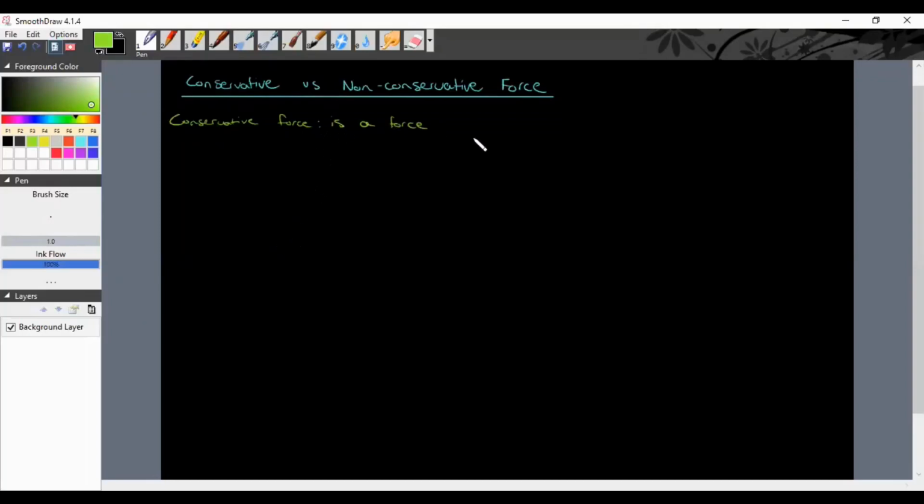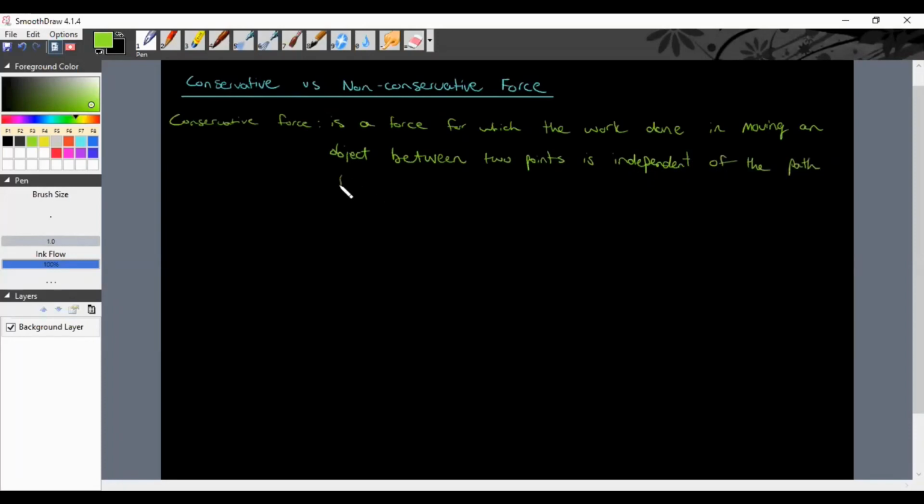It is a force for which the work done in moving an object between two points is independent of the path taken.